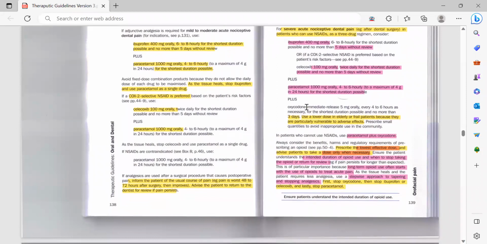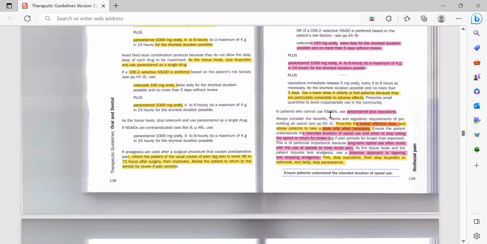But for the oxycodone, the prescription should be only for 3 days, and use a lower dose in elderly or frail patients because they are particularly vulnerable to adverse effects, because we read that these opioids have very severe adverse effects and they do cause a lot of drug interactions, so be more cautious with them.